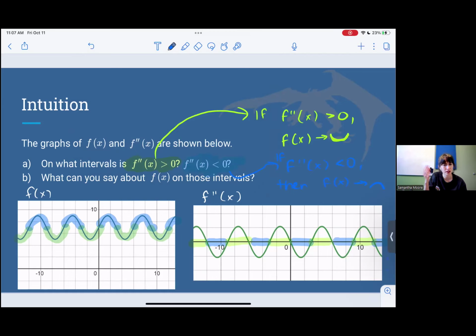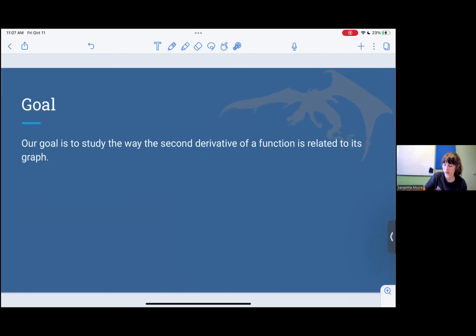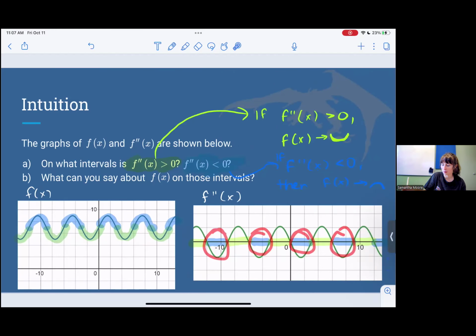I'm going to formalize that on the next page, but that's more or less what we're seeing. So in those regions where we had negative f double primes, those seem to be the regions where f is facing down.